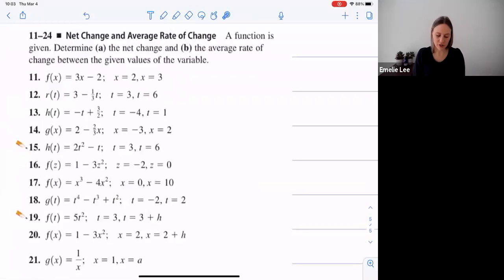So if we're given a function, we can determine the net change and the average rate of change between the given values of some variable. Just to spice things up, let's do 16, where we have f of z with 1 minus 3z squared. We could just replace the z's with x's and it wouldn't matter, but let's get comfortable with variables that are not x.